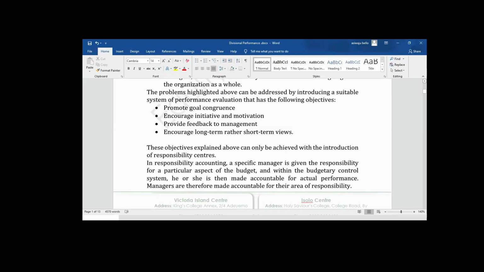Now, within the skill budget, we have sub-budgets. We have performance management budget. Asiwaju and Adejuwon is responsible for performance management budgets. Look at it. Specific or designated individual is given the responsibility for a particular aspect of the company's budget.